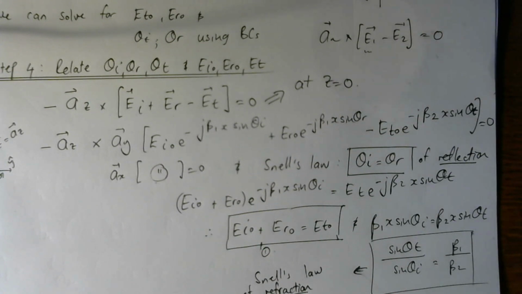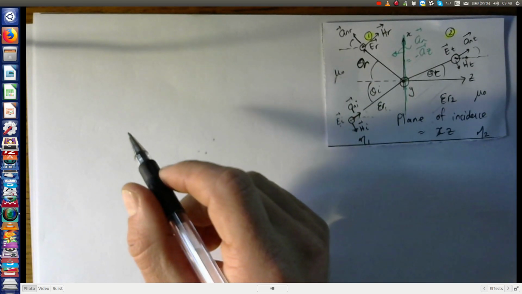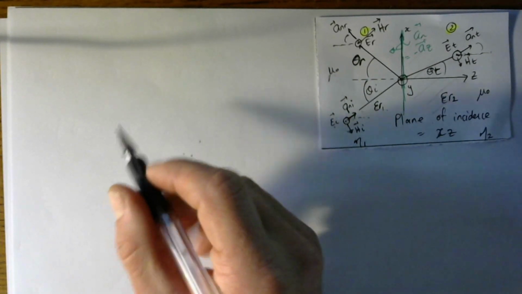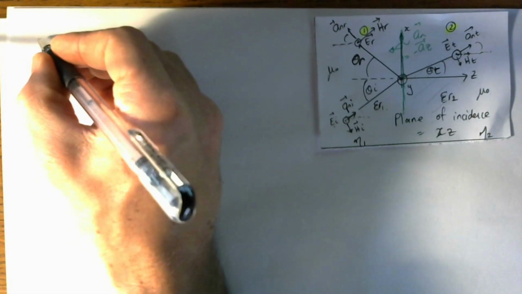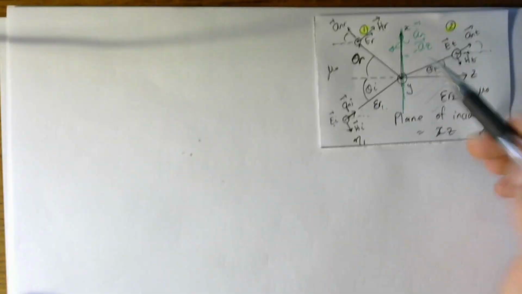So let's see if I can use another boundary condition to do that. We've found one equation using the tangential electric field. Let's see if I can use the tangential magnetic field boundary condition at the interface.